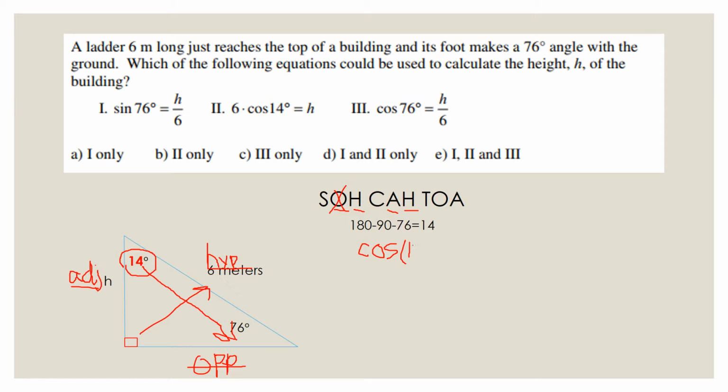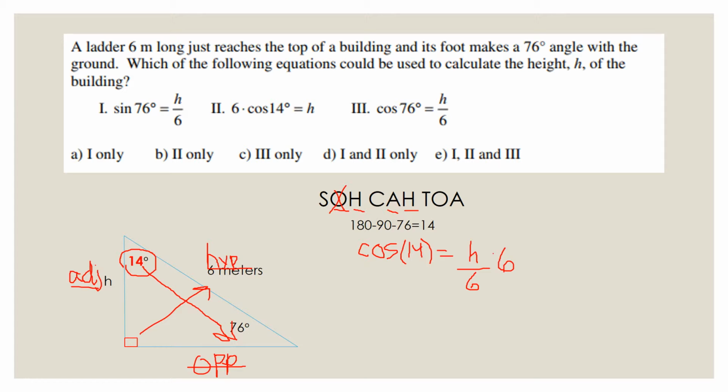So if we say cosine, our angle measure is going to go inside of those parentheses, and cosine is adjacent over hypotenuse. So we have our height, which is our adjacent side, over our hypotenuse, which is 6. Sometimes our answer choices don't look like what we started with, but we know that we can move this 6 to the other side by using its inverse operation.